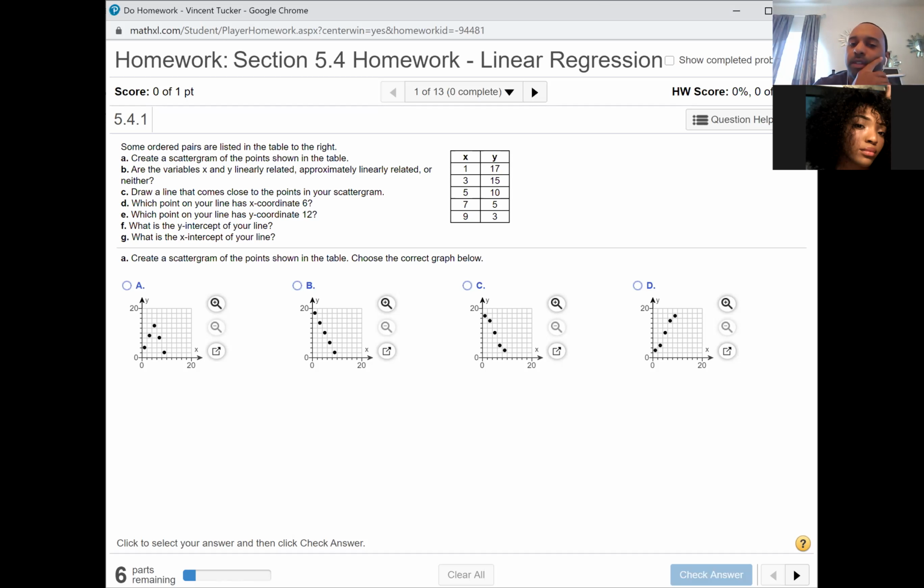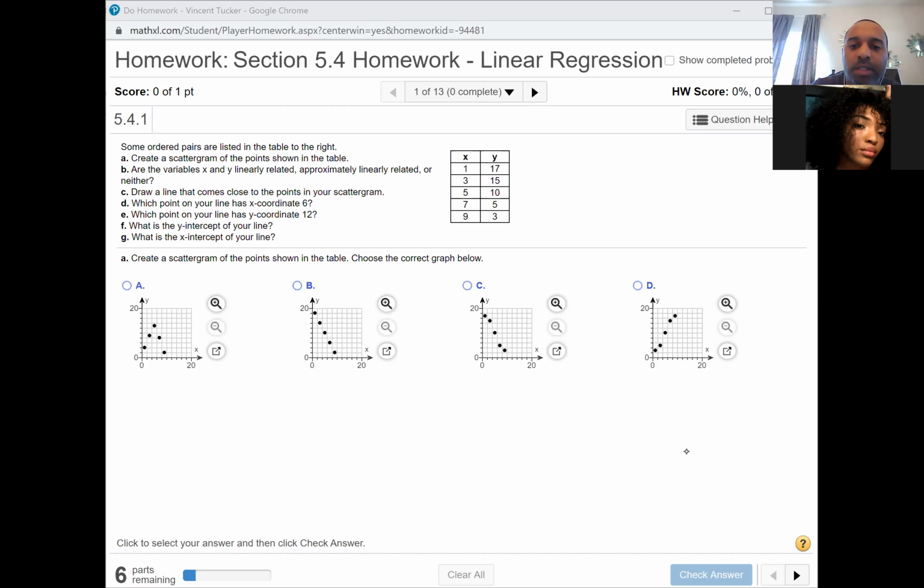We have 117, and you're actually going to plot these points that are in this chart. So you're looking at 117, 315, 510, 75, and 93. If I'm going to grab 117, I know it's not A. What are my increments? 2, 4, 6, 8, 10, 12, 14, 16, 18, 20.